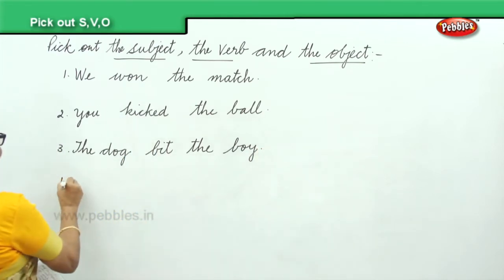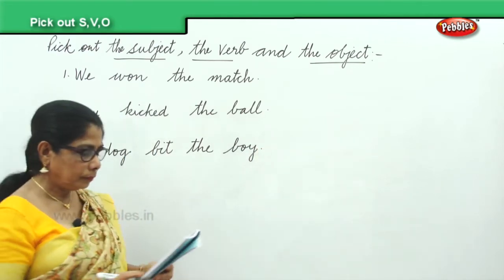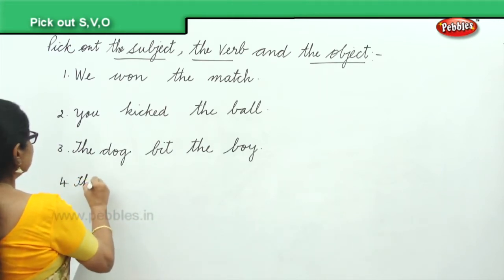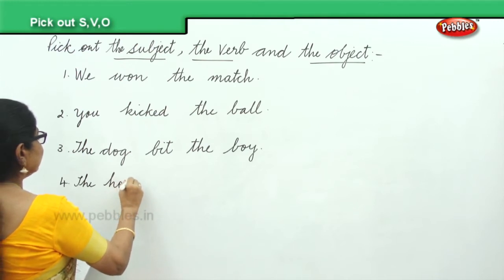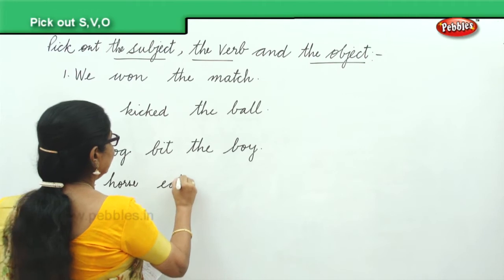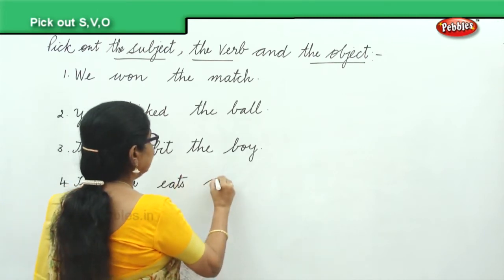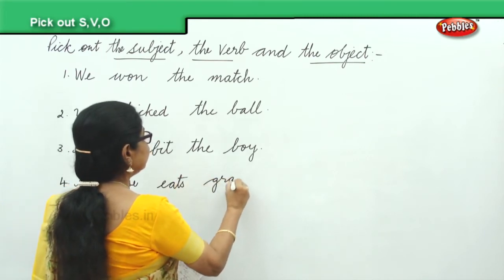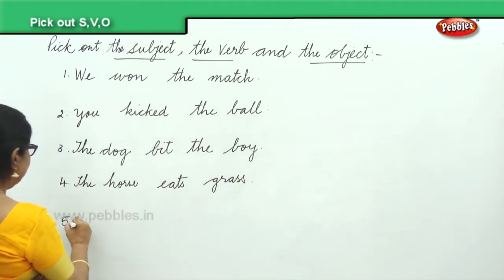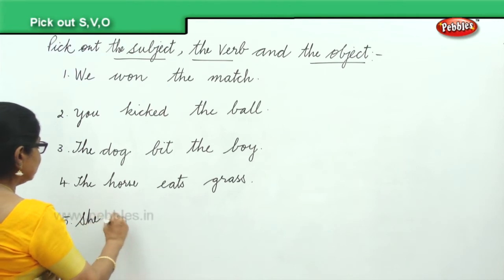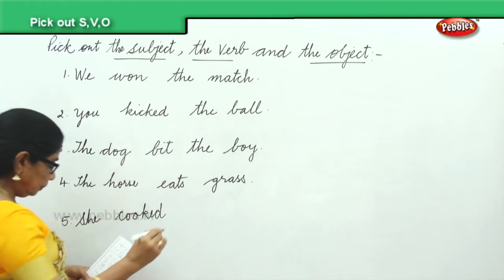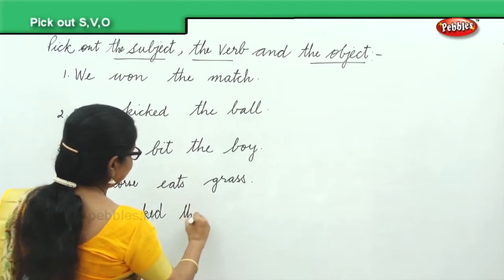Next, we have another sentence. The horse ate grass. And finally, she cooked the food.